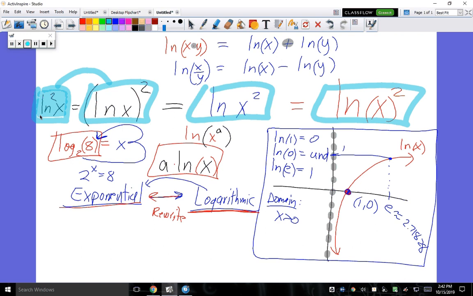Okay? The way that this is written right now, this third one with no parentheses is that. So if you just had natural log of x squared, you'd assume it's like that? Exactly. Look at this third one again.